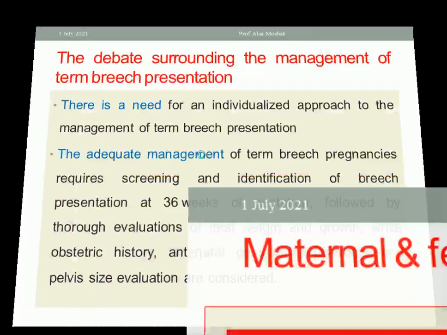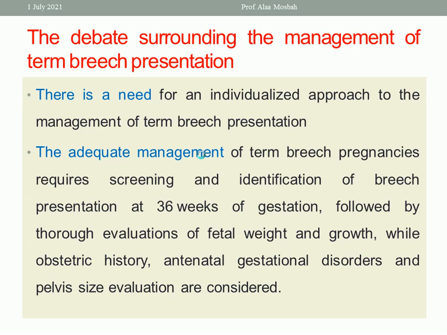So, what about the debate surrounding the management of term breech presentation? There is a need for an individualized approach to the management of term breech presentation. The adequate management of term breech pregnancies requires screening, as we mentioned before, and identification of breech presentation at 36 weeks gestational age, followed by thorough evaluation of the fetal weight and growth.